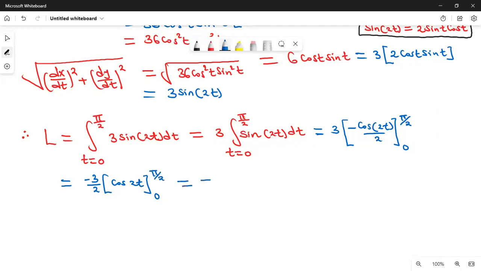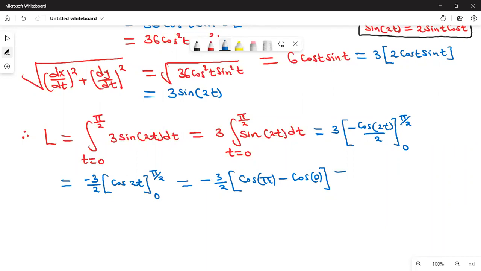So this negative 3 over 2, and inside here we now have cosine 2t, 2 times pi over 2, that is pi, cos pi minus cos 0. And pi here is 180. So what is the cosine of 180 degrees? That is negative 1.